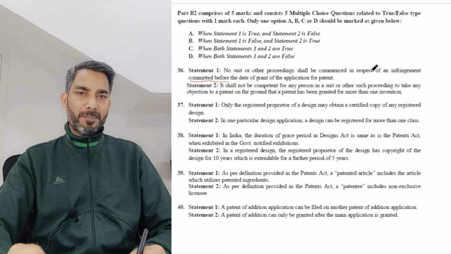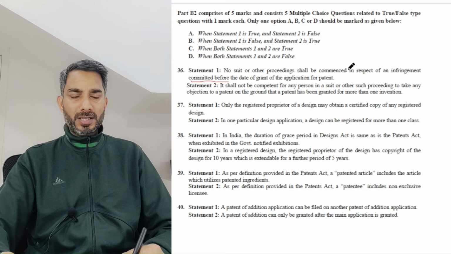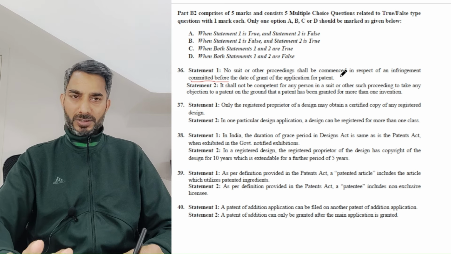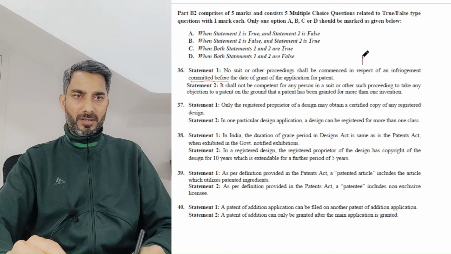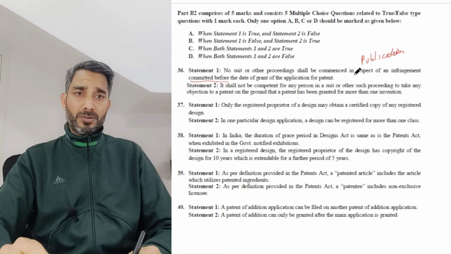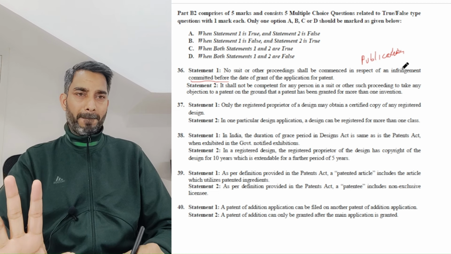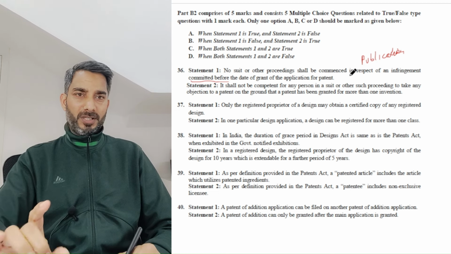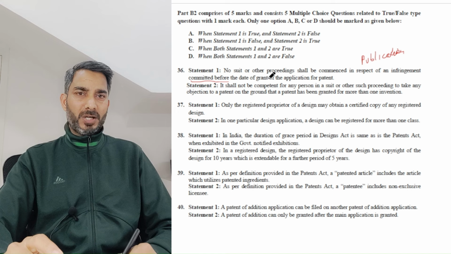Has the infringement happened before the date of the grant and I don't have rights for it? That's wrong, because after publication, I get the rights as if my patent was granted. But the actual suit can only be instituted once my patent is granted. I am not able to read this question properly. Before the date of the grant, is it for no suit or is it for infringement committed?